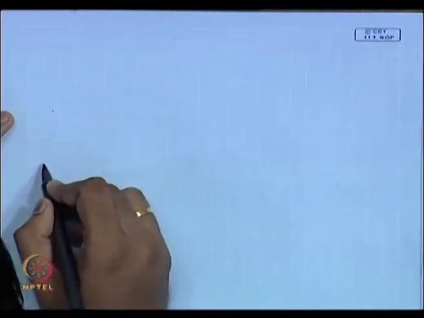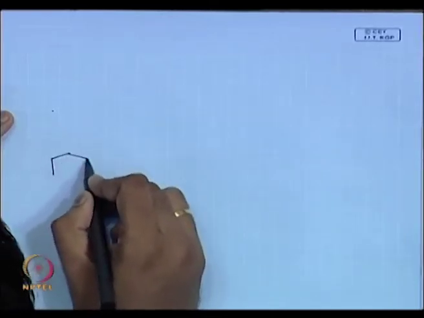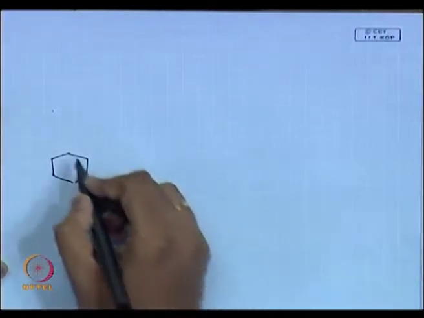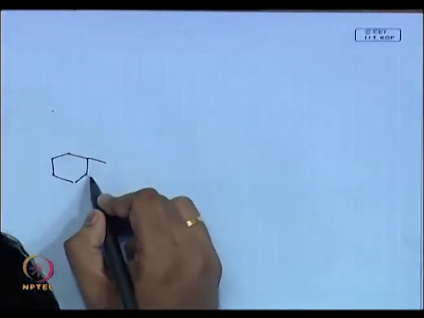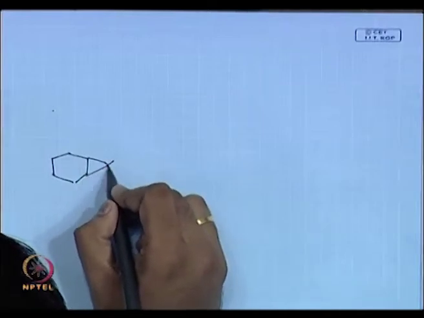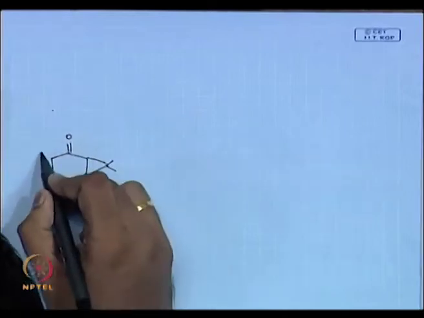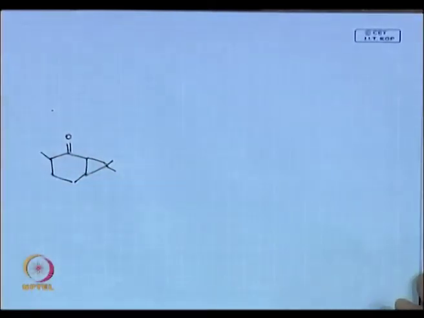Now we will take one more example. Guys should think about it. Just like the previous case, if you compare this example with the previous example, it is a similar system, but I have methyl substituted here and there.